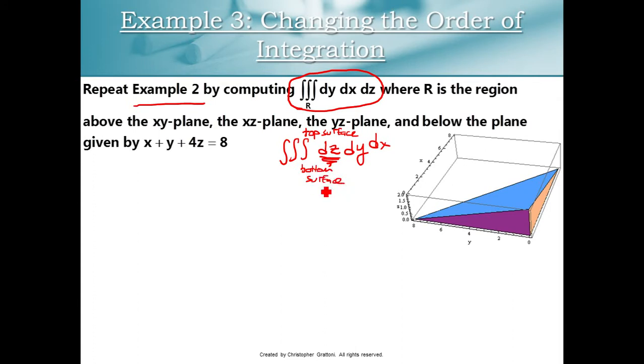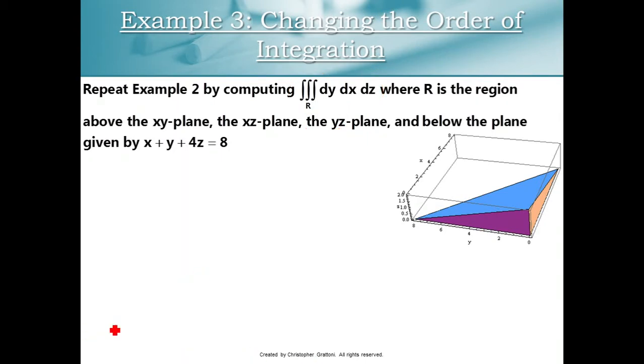It's kind of nice thinking about z as your top surface and your bottom surface. Your dy, your top curve and your bottom curve. And then for dx, integrate from left to right, just along the x-axis. You usually think of z as depth and y as height and x just as left-right movement. So I think that's usually the easiest.